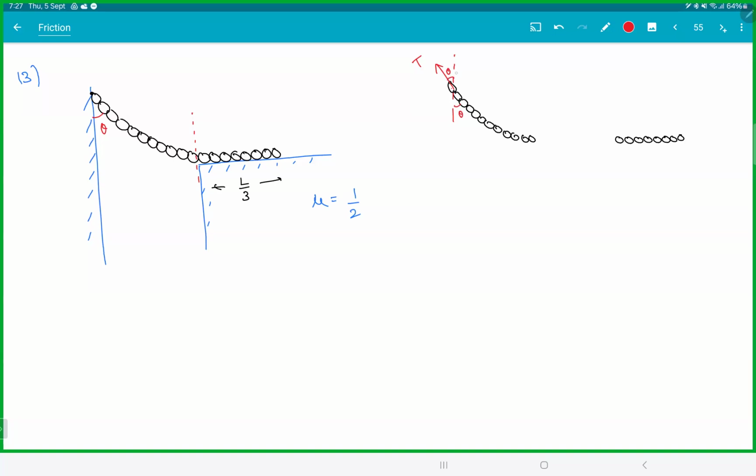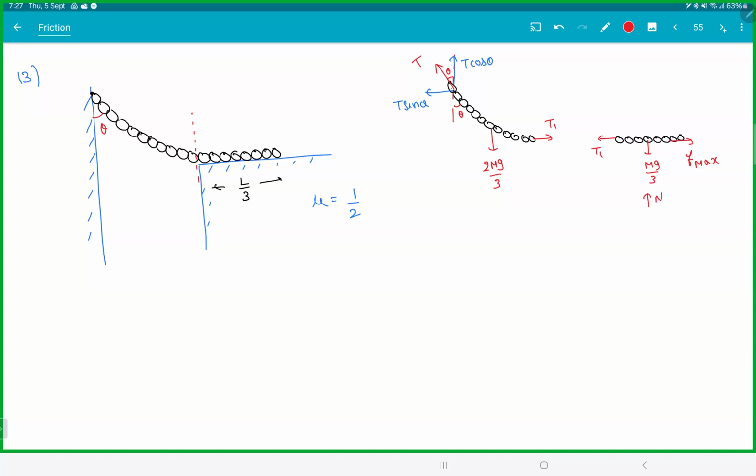This is also theta. So this component will be T cos theta. This component will be T sine theta. And since this is only 2/3 of the chain, the weight must be 2 mg by 3. And here the tension will be some T1. The same tension T1 will act here, and this will be the maximum friction because it's on the verge of slipping. And this weight will be mg by 3.